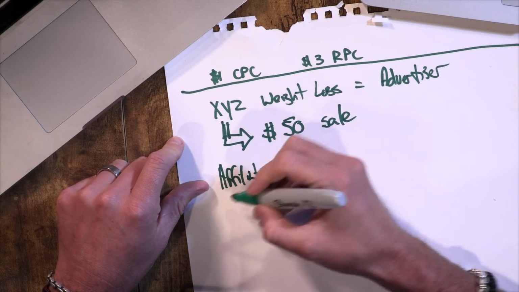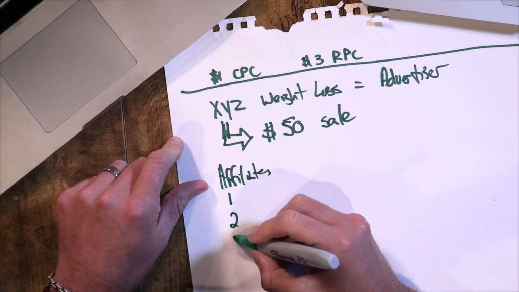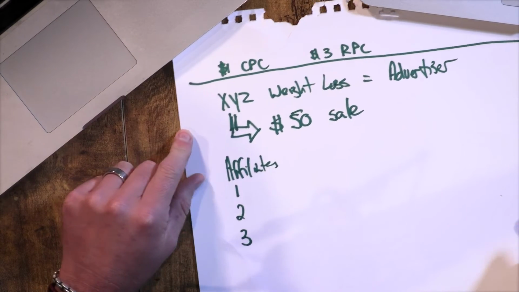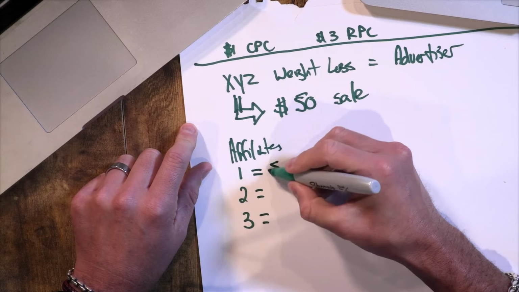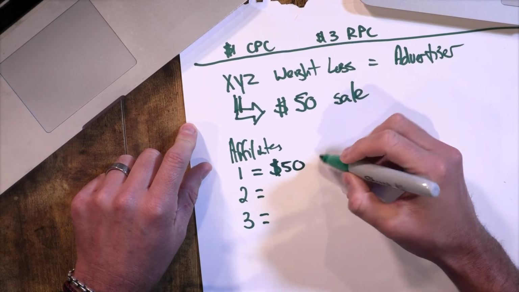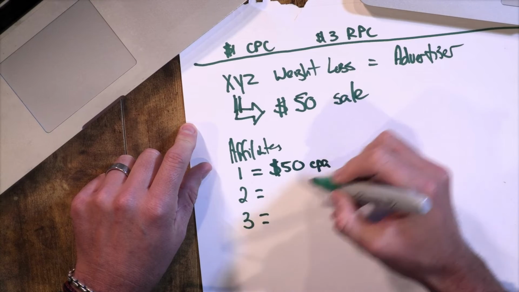Now, let's say you have affiliates that want to run the offer. So you have affiliate 1, 2, and 3. Well, who can afford more per click? Let's say that each of them are getting the $50 CPA. Well, they're all getting paid the same for a sale.